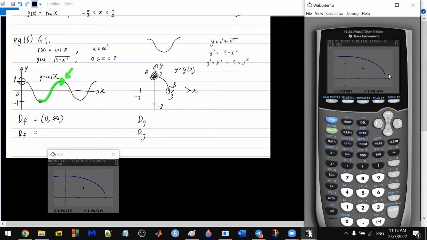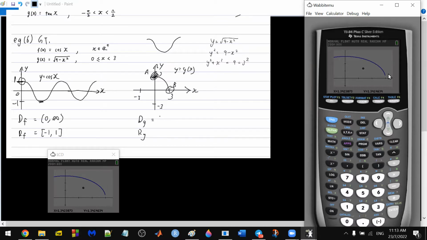Let's say this is 2 pi, 1. Do we hit 1? Yes, right? So the 1 is still included. So what's your range of f now? Square bracket negative 1, 1 square bracket. Well done. Very good.